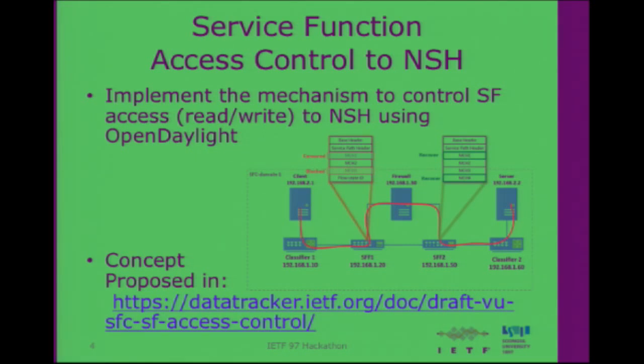However, the time is very tight, so we don't have enough time to make the API or the configuration part. But after the development process, we realized that we need an agile model for the access control list of the service function, so it would be an interesting idea for the working group.